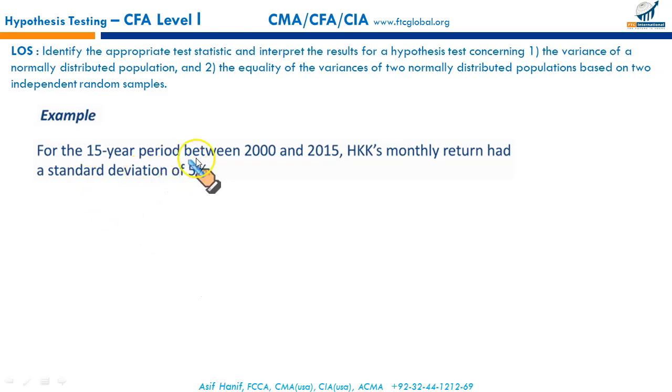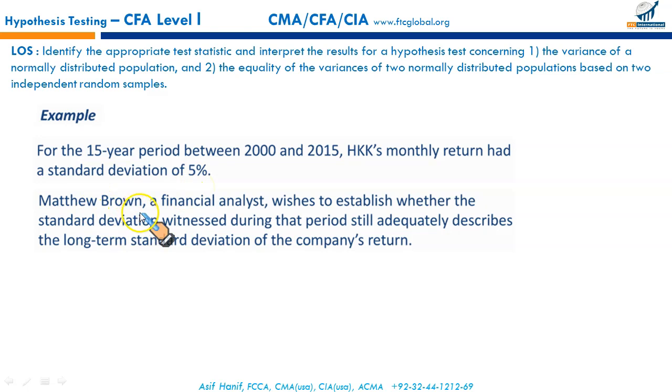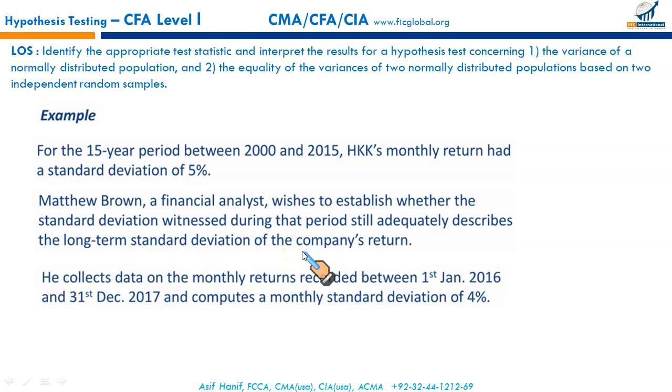Now here's an example for you. For the 15-year period between 2000 and 2015, HKK's monthly return had a standard deviation of 5%. Matthew Brown, a financial analyst, wishes to establish whether the standard deviation witnessed during that period still adequately describes the long-term standard deviation of the company's return.